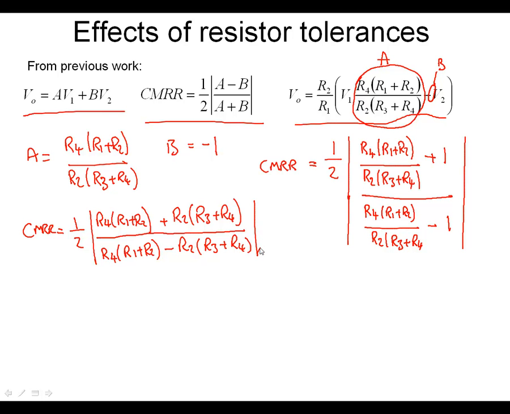Okay, so now we can see what's happening on the numerator, what's happening on the denominator. If we expand out all those terms and cancel, we're going to end up with common mode rejection ratio is equal to 1/2 into, so here we've got R1, R4, R2, R4, R2, R3, R2, R4.